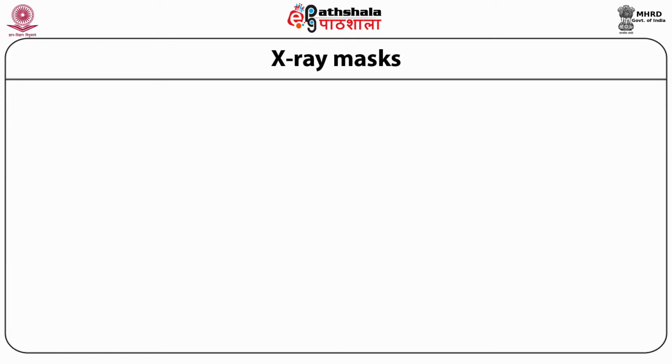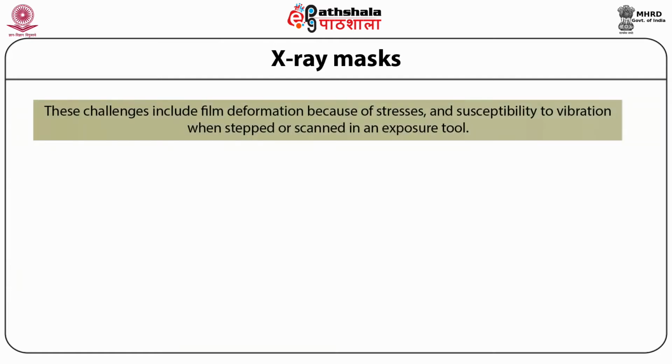So here the use of thin membranes in X-ray masks presents many challenges. These challenges include film deformation because of stresses and susceptibility to vibration when stepped or scanned in an exposure tool. Now, the mask can be deformed also, which is problematic in X-ray lithography, given that the imaging is 1:1 printing with no reduction.